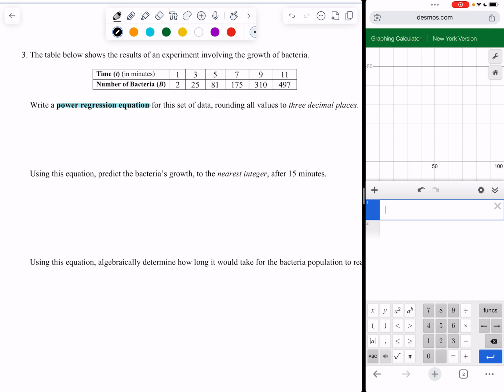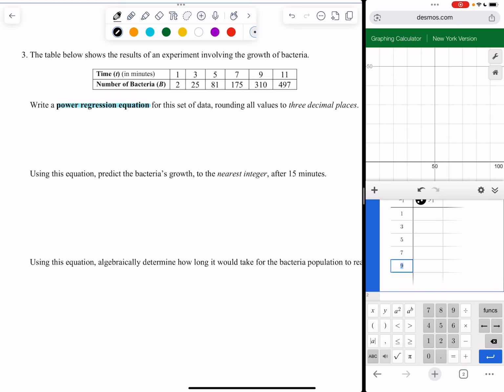So we're going to take all of our x values and type them into the x column. So 1, 3. It's going to always try to guess what you're doing. So I actually am going by odd numbers. So it will fill them in for me if I want it to. You could always change it if it's not consistently going by that number, because with regression, it's not always going to be consistent the way they give you the numbers.